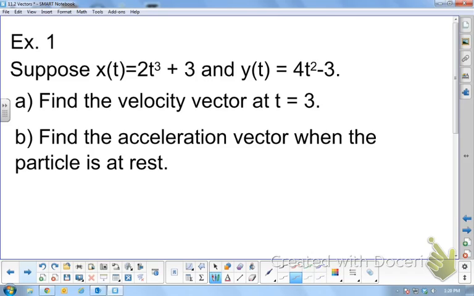So position-wise, what do we usually use to represent position? Because velocity, we usually use v of t. S of t or x of t. Since we already have an x of t, let's use s of t. What would our position vector be?